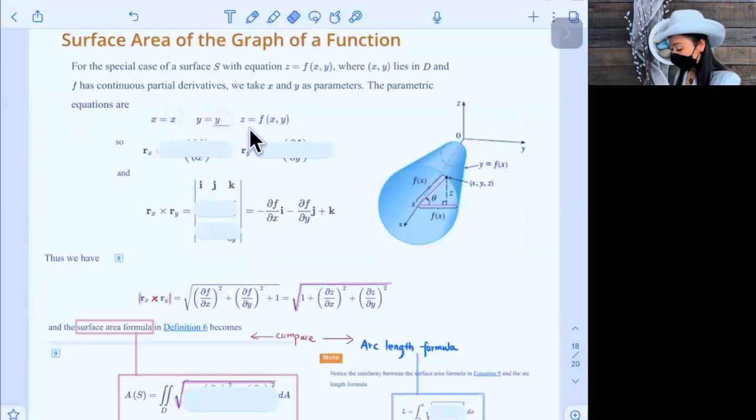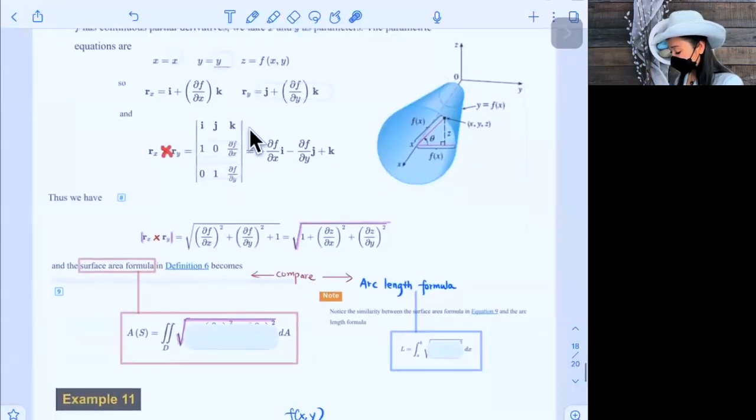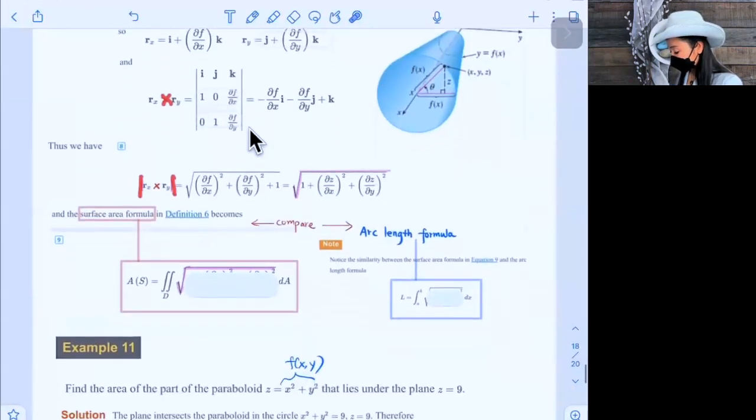Okay. Then now you're going to find the partial derivative of r with respect to x, and then also find the partial derivative of r with respect to y, and then you compute the cross product over here, and then find the magnitude of the cross product, okay?